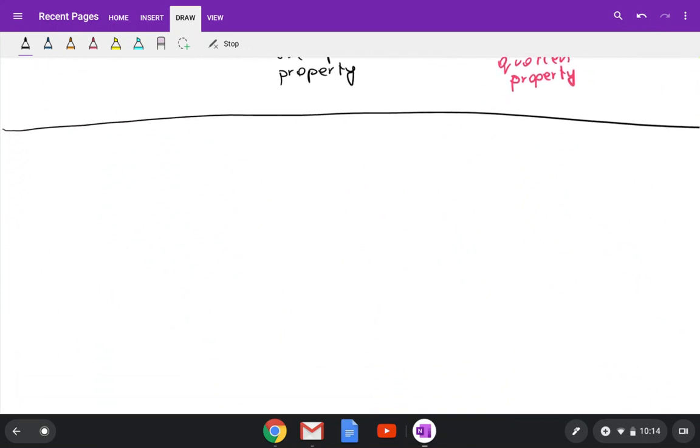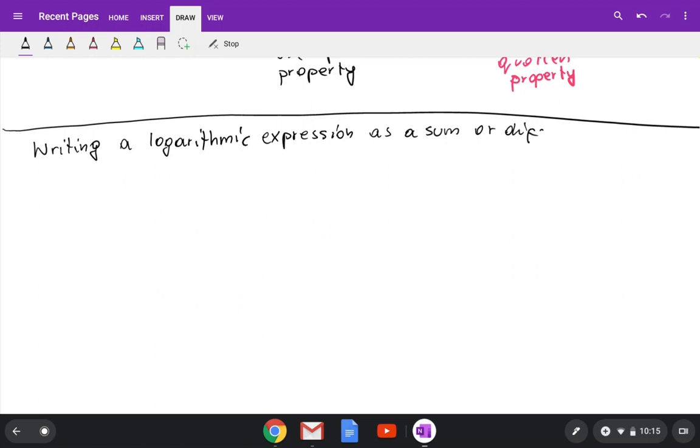So different types of problems: writing a logarithmic expression as a sum or difference of logarithms.